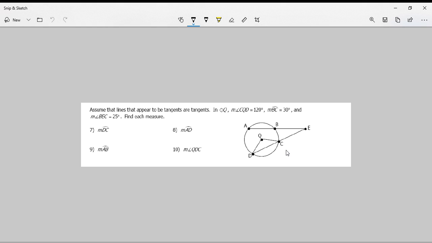Alright, so 7, 8, 9, and 10, it says, assume that lines that appear to be tangents are tangents, which is great for the circle because if you notice, there are no tangent lines. Alright, so in circle Q, the measure of angle CQD is 120 degrees. So I need to break out a finer tipped pencil to write in this one.